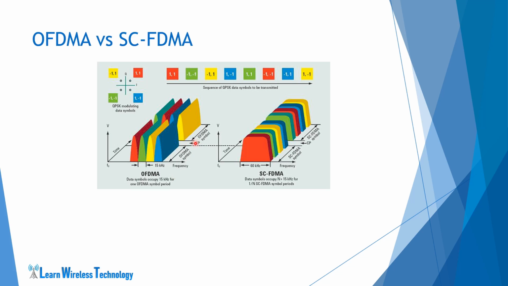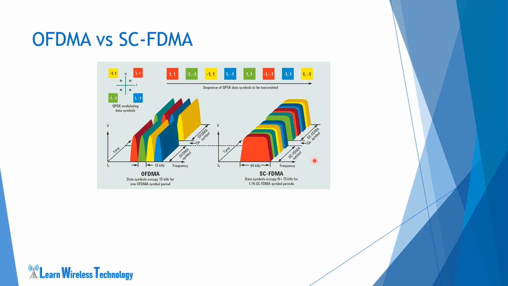Now, if we look at the SC-FDMA waveform, only one carrier is used. This carrier occupies 60 kHz bandwidth, which is 4 times the bandwidth occupied by one OFDMA subcarrier. Now, since the SC-FDMA signal has more bandwidth, the symbols can be transmitted at a rate 4 times higher. Hence, 4 symbols of SC-FDMA can be transmitted in the same time duration as that of one OFDMA symbol.